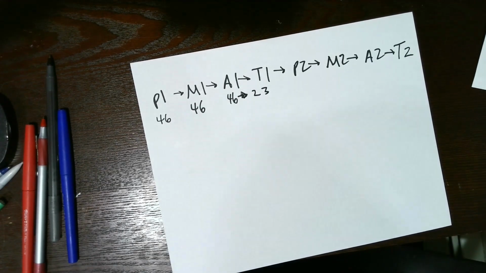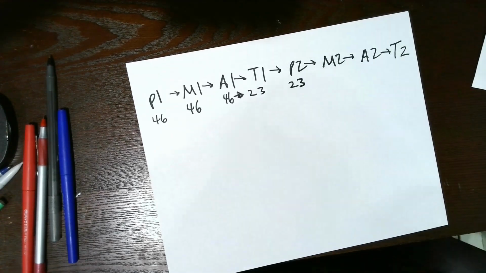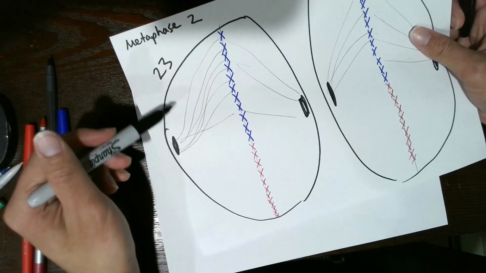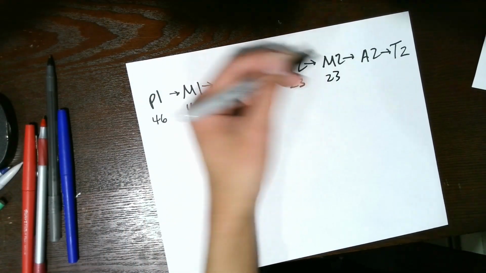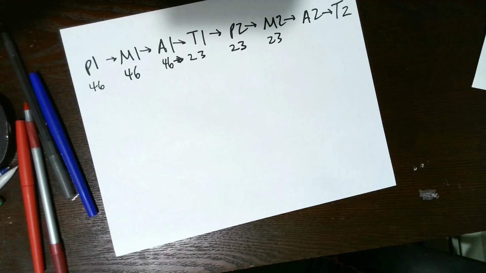And then we go to prophase 2, each cell has 23. Then we go to metaphase 2. Metaphase 2, each cell has 23. And then we're going to go to anaphase 2 and telophase 2.